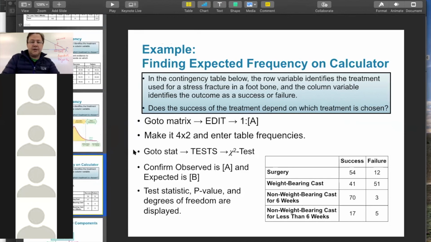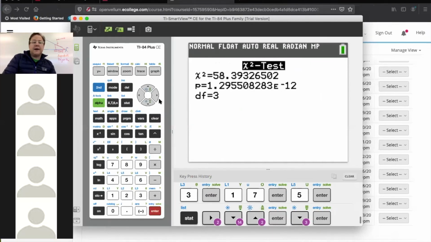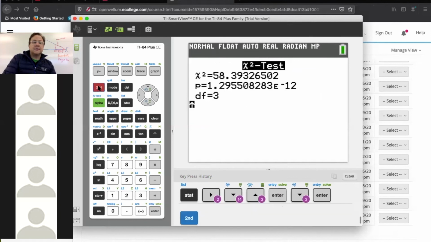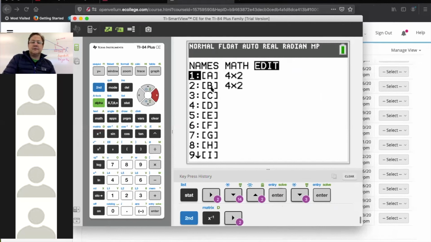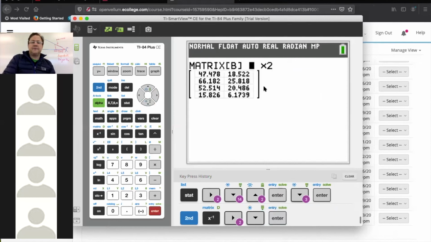So, I'll show you one final thing. It's not written on here, but if you go back to matrix again, second matrix, it automatically created a matrix B, also a 4x2 matrix. And if I go to edit and select matrix B, press enter, see that?